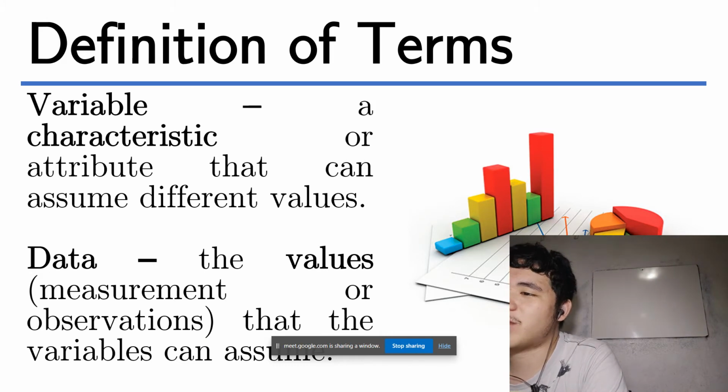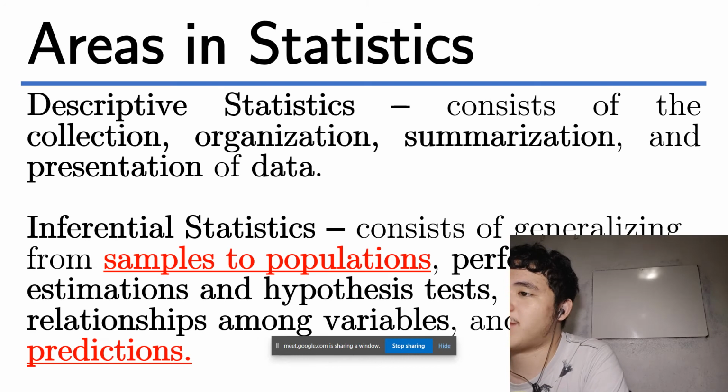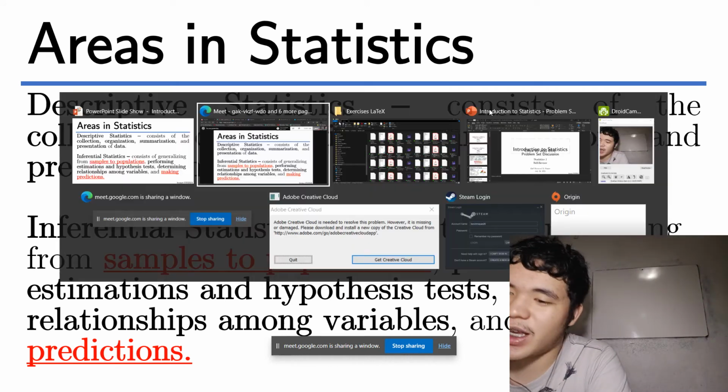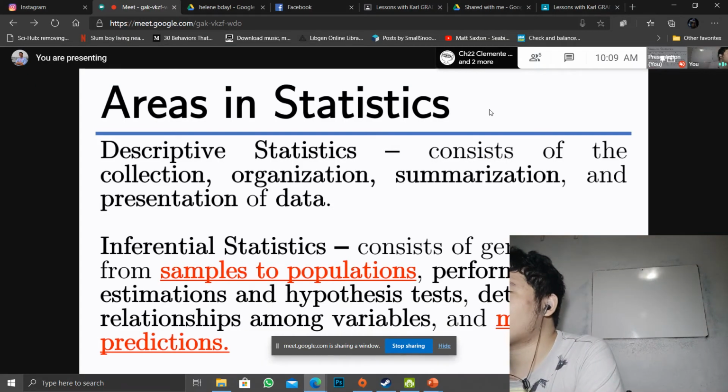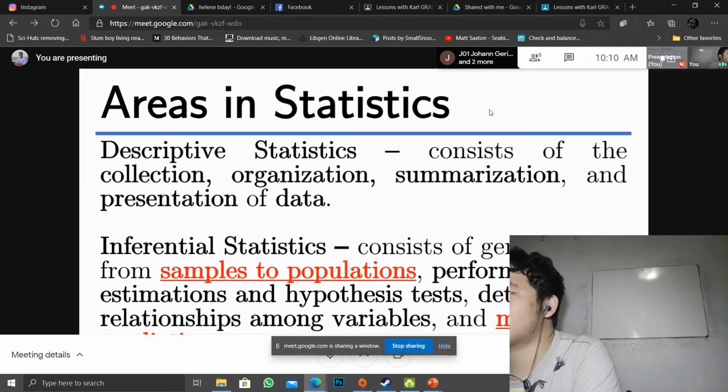Data are the measurements that we get. Population, all subjects, sample, group of subjects selected from the population. Areas in statistics, descriptive statistics only deals with collection and summarization of data. Inferential, predictions and determining relationships between variables.